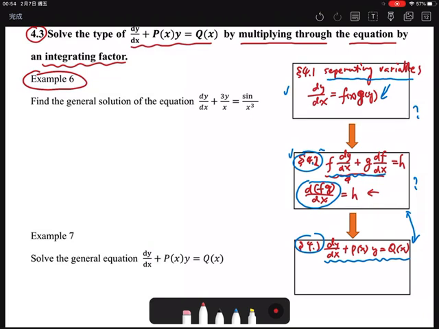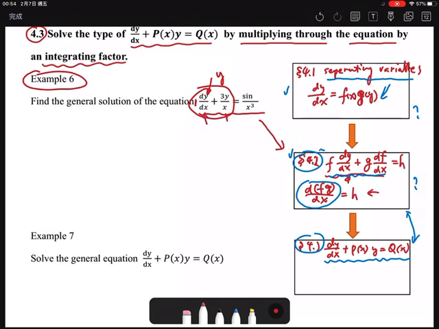Example 6. Look at this equation. You see that this equation looks like type 2, but however, we cannot write the left-hand side as a derivative of a product, because the two functions here, one is y and the other is 1 only. If we differentiate 1 times y, it is just dy by dx only.